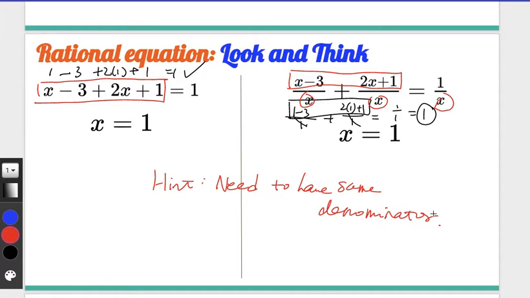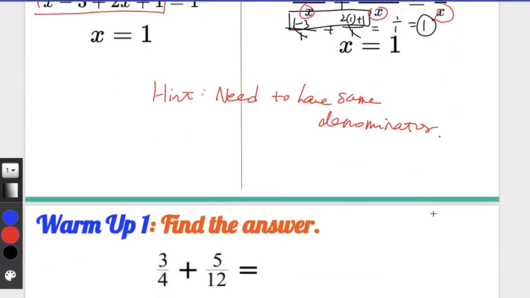That way, we can simply eliminate the denominator and have a very simplified equation. Of course, there are still some techniques and strategies we are going to use. In order to have those skills, we are going to have two quick warm-ups.